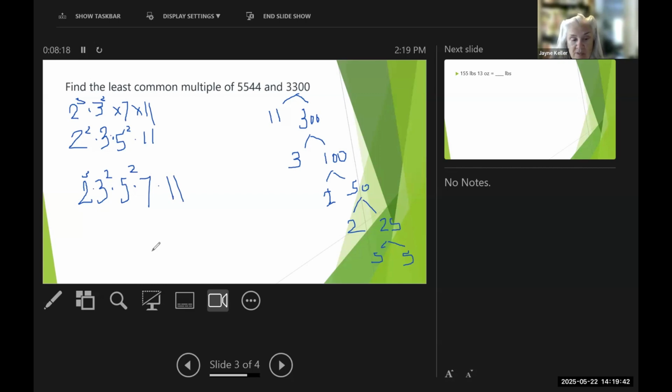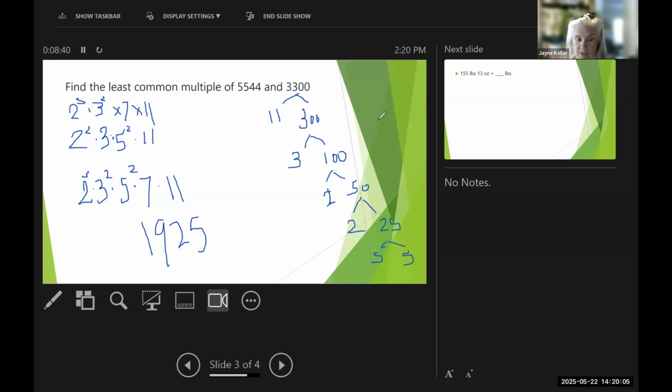I get 1,925. And then I could just check. Let's see, if I divide that by 5,544, it goes in, whoops. No, I did something wrong here. Hold on. Glad I checked.